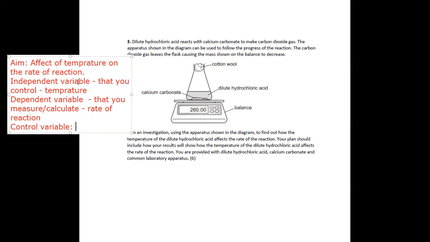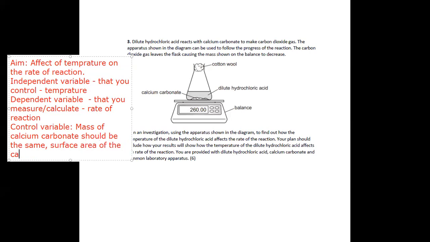So in this situation, what should our control variables be? I'm using calcium carbonate. So the mass of calcium carbonate should be the same. Because if I change the mass of calcium carbonate, that will change the rate of reaction. The surface area of the calcium carbonate should be the same.